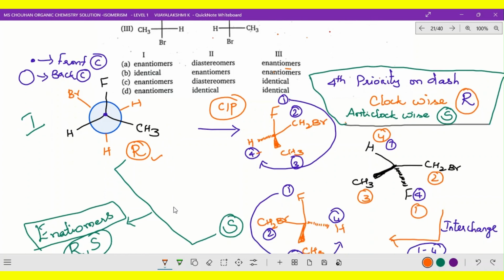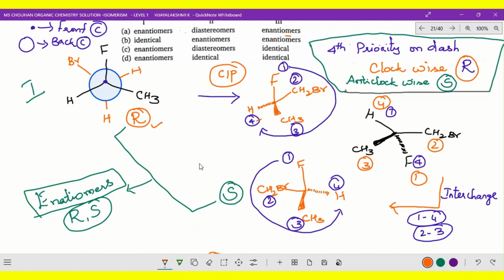Now let us check the first pair, second compound. Here they have given wedge CH3, dash fluorine, CH2Br and F. Actually, in the dash position only hydrogen has to come, because the dash position is mandatory for the fourth priority, but here a higher atomic number atom is in the dash position.